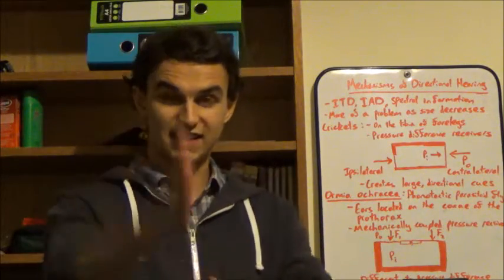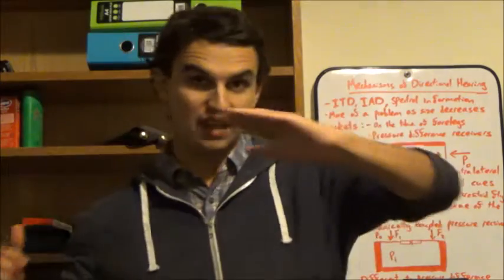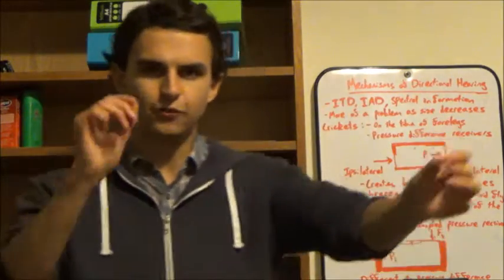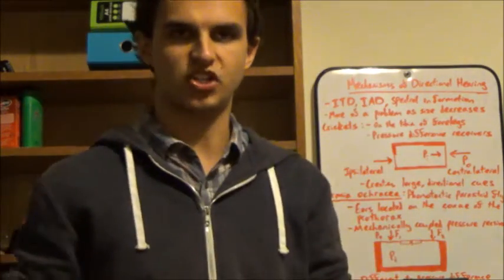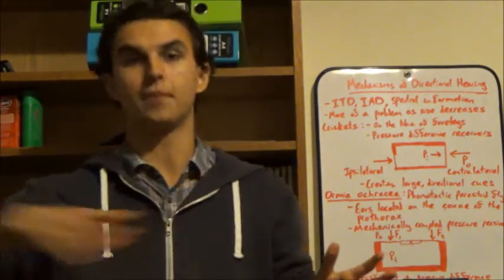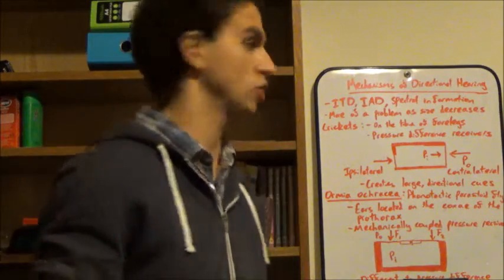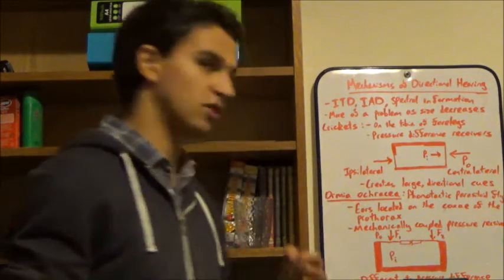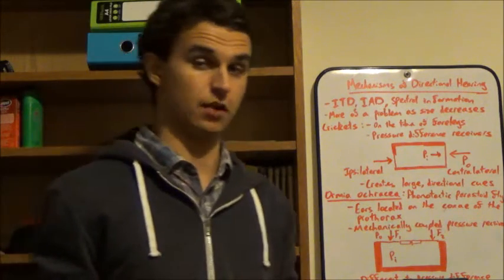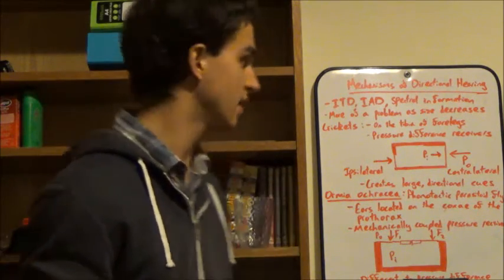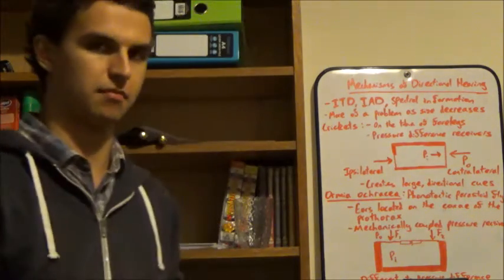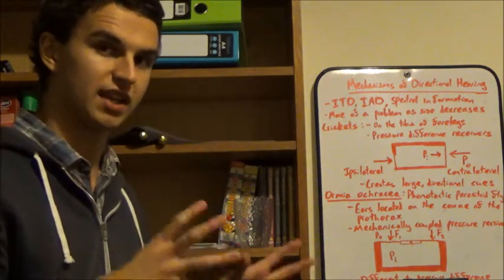That's just where there's a single membrane, sound interacts with the membrane, makes it wobble. Difference between external and internal pressure will affect the impulse generated, the action potential. There's also this thing called a pressure difference receiver, which works in very much the same way, but here there are two tympanal membranes, and this is what's going on in our crickets.